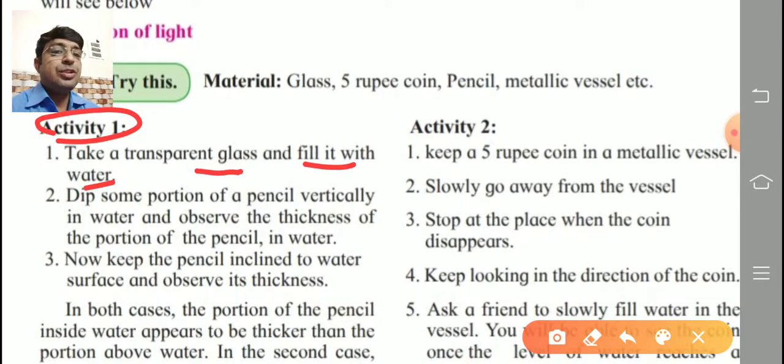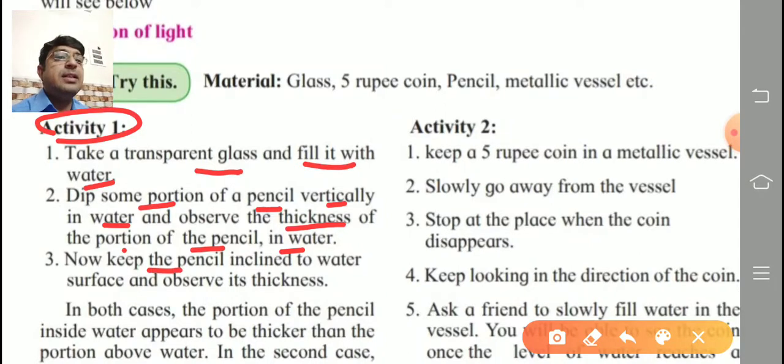Dip some portion of a pencil vertically in water and observe the thickness of the portion of the pencil in water. Third point, now keep the pencil inclined to the water surface and observe its thickness.